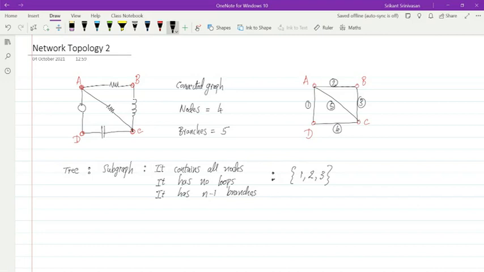Fine. And what is a cotree? Cotree is also a subgraph containing what?